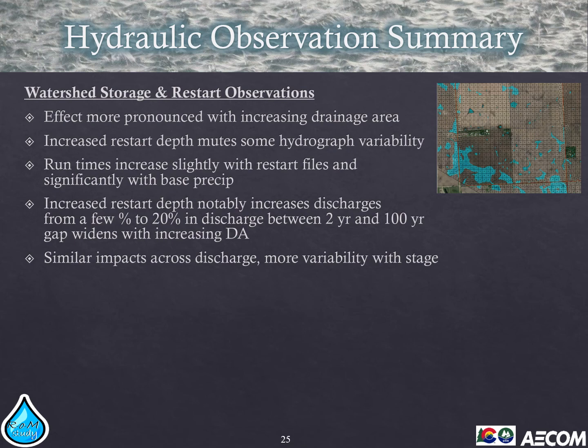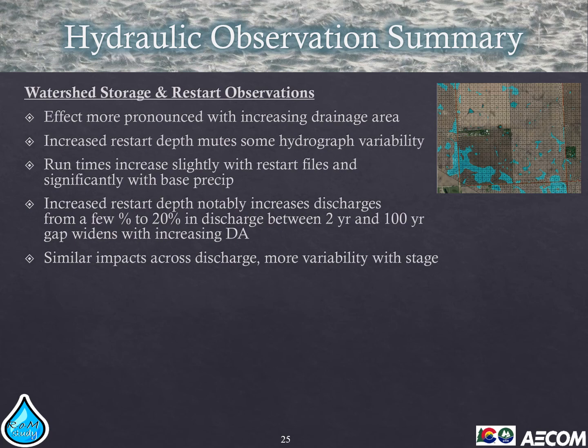This slide summarizes some of the observations regarding watershed storage and the use of restart files. So this effect, as noted also during the hydrologic variations, is more pronounced as drainage area increases. And with increased restart depths, we saw how some of the variability in the hydrograph began to be muted out a bit, where with increasing depth, you see less resemblance of what you see with the terrain as is or dry.